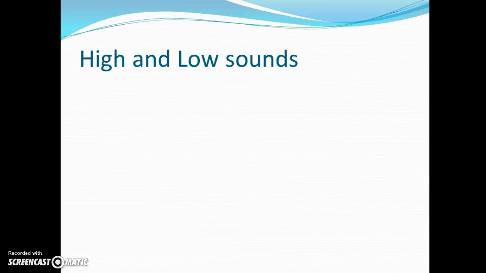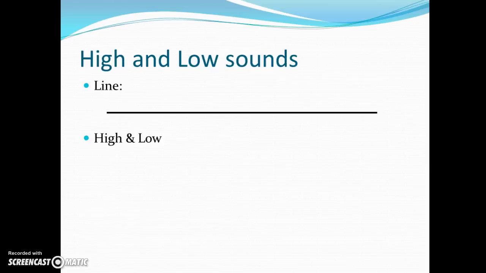So when we look at high and low sounds, we first discovered that there was a line that we put our sounds on, and on that line we had high and low. We put high sounds above the line and low sounds below the line.